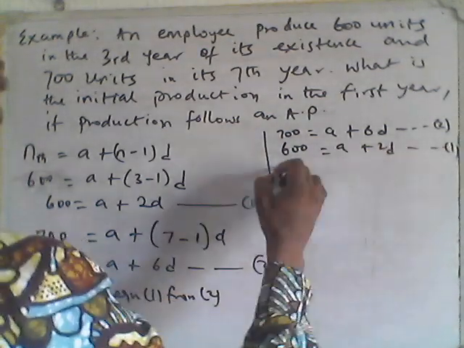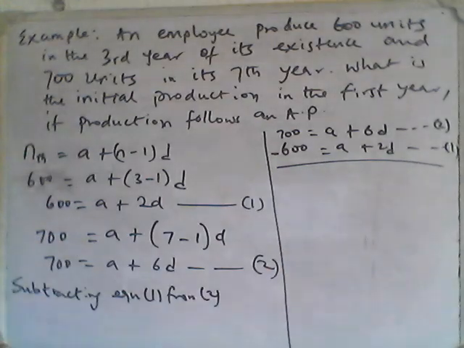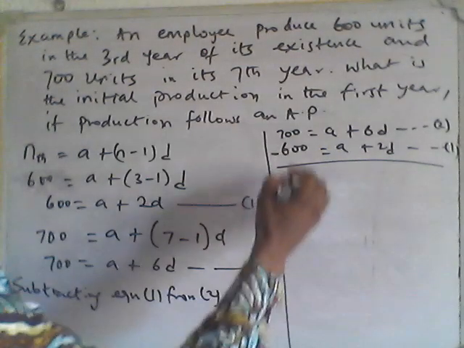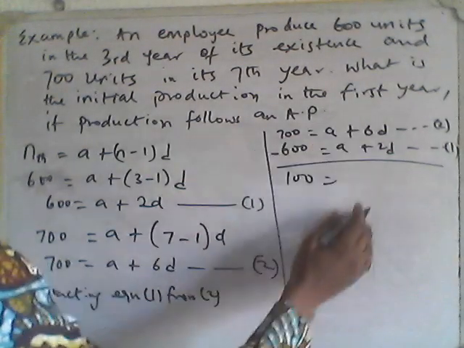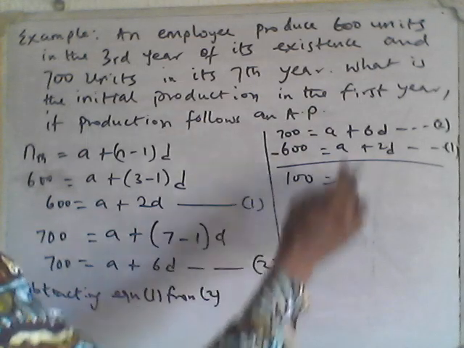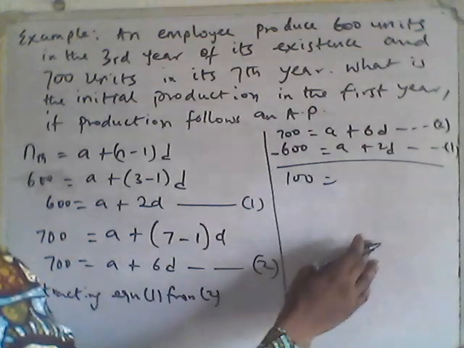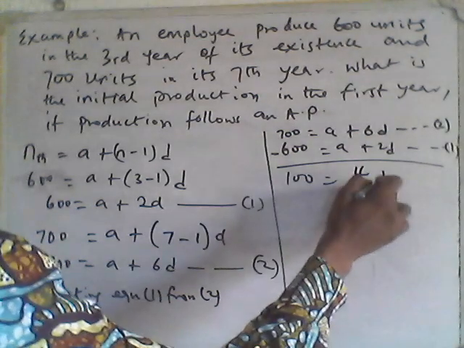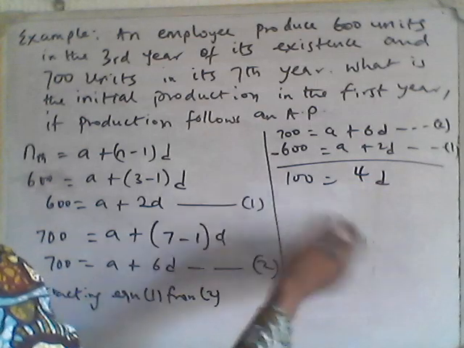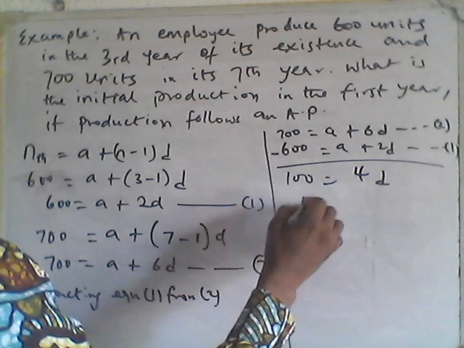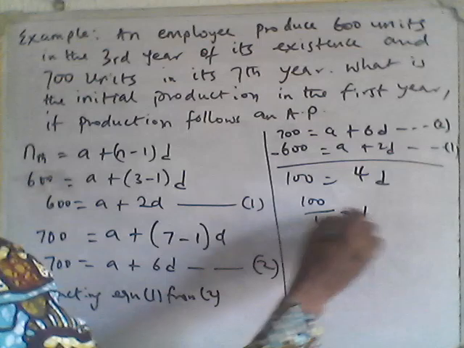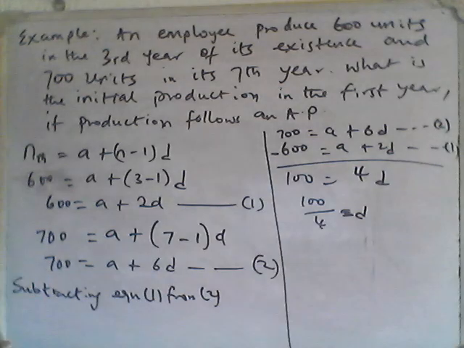So if I rule my line like this and put the minus sign here, 700 minus 600 is 100. This will cancel because A minus A is 0, and 6D minus 2D will give me 4D. So I'm getting D first. I get 100 over 4 is equal to D, because I divide both sides by 4 so I can get D standing alone.